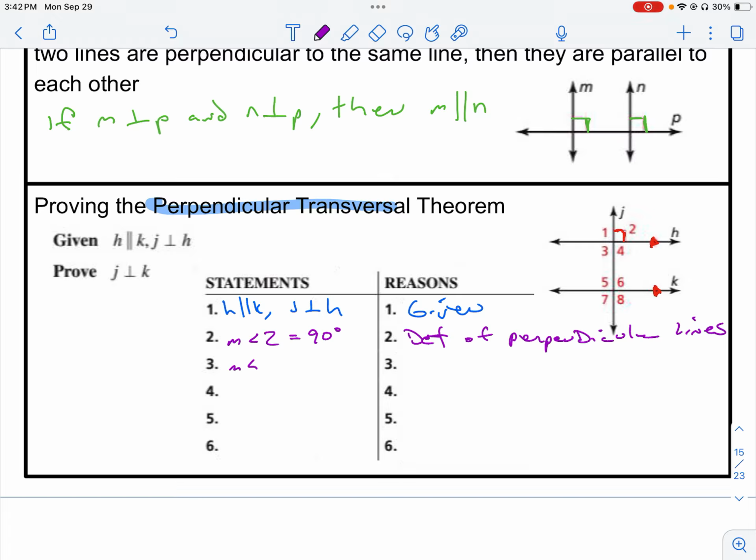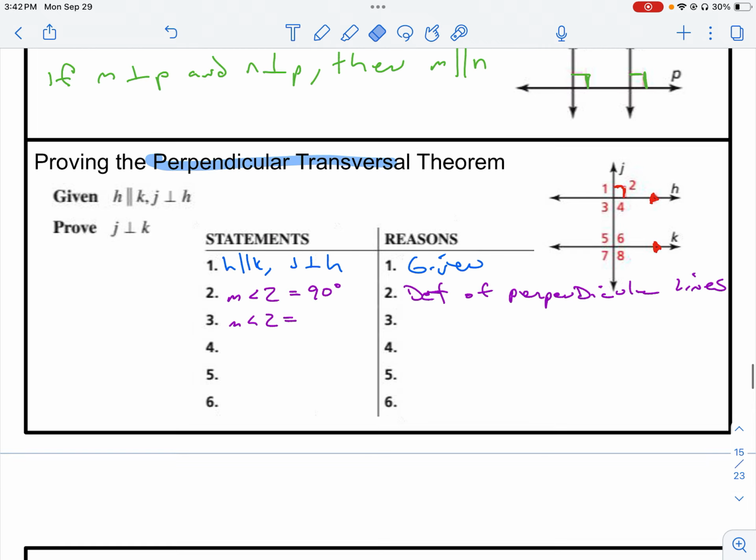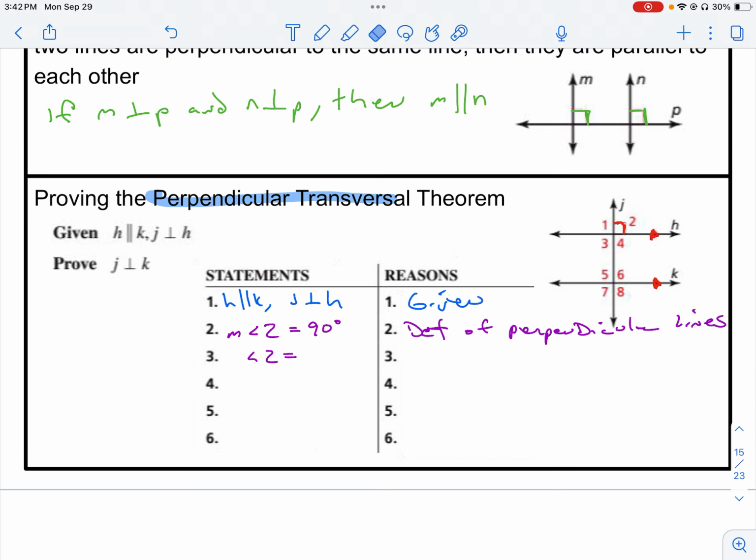We know that angle 2 is congruent to angle 6 because of corresponding angles theorem.